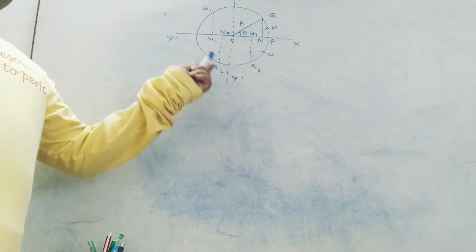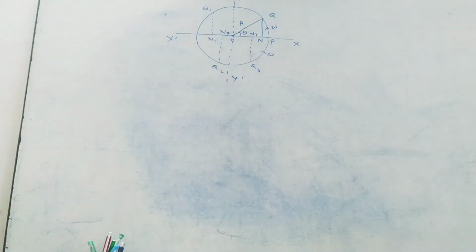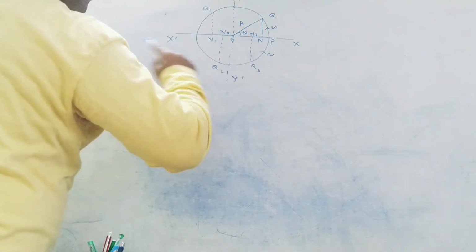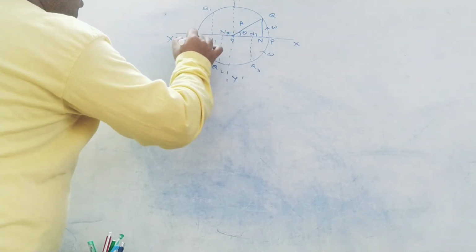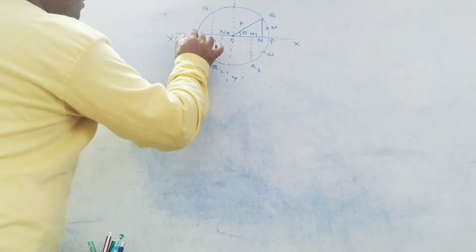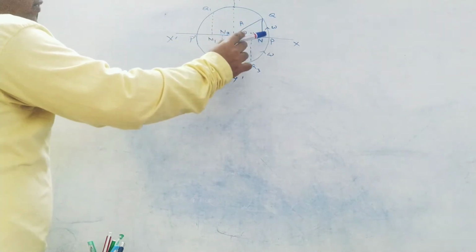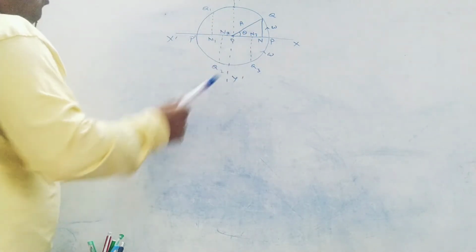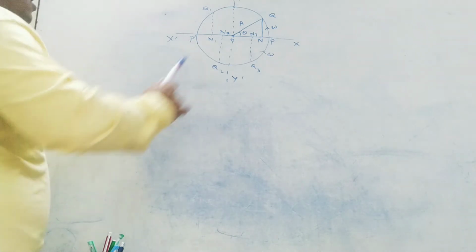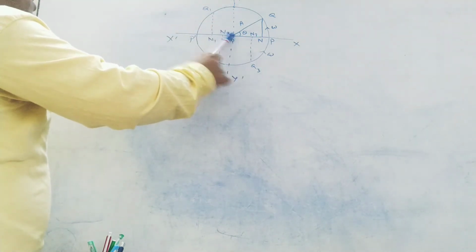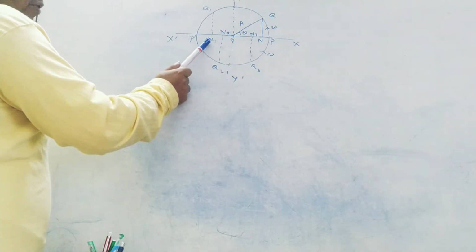If the particle moves along the circular path with constant angular speed, then the foot of the perpendicular, that is the point N, executes simple harmonic motion along the diameter of the circle with respect to the center of the circle O. When the position of the particle is at Q, then the foot of the perpendicular is at N. When the position of the particle is at the point on the y-axis, then the foot of the perpendicular is at point O. When the position of the particle is at Q1, then the foot of the perpendicular is at N1.